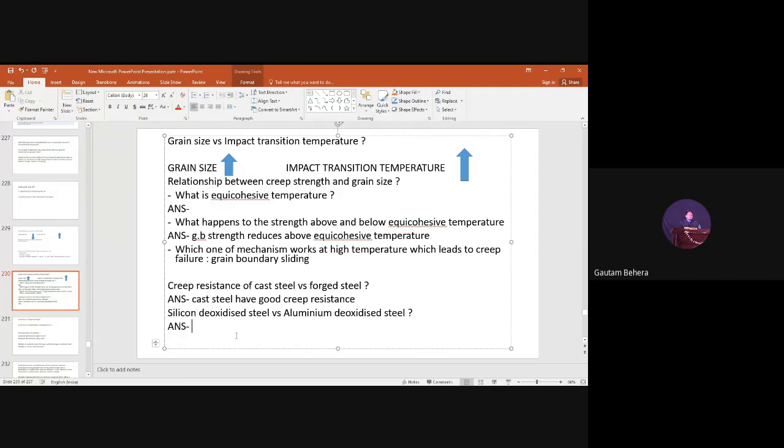What is the mechanism? Reduction, carbothermic reduction. If you are getting pig iron, what is the other name? Smelting. Okay, anyways. So upon reduction, we are getting iron.